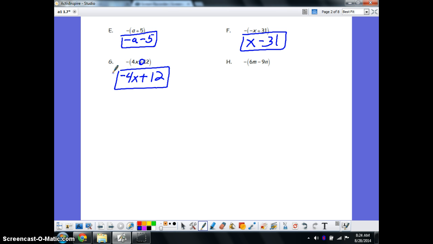And finally, H, negative 6m. Negative 1 times negative 9m becomes a positive 9m. And the result. Okay, next I believe we're taking a look at simplifying fractions using the distributive property.